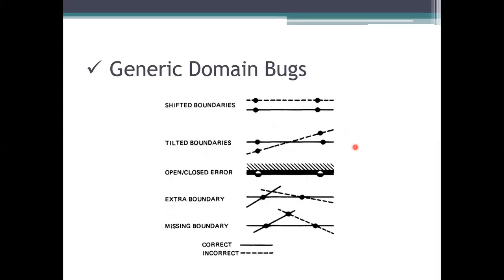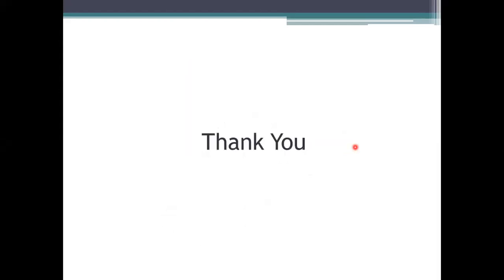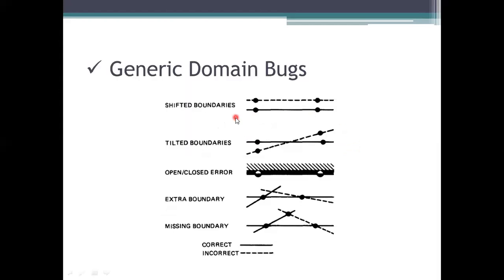Apart from this, we also have domain bugs. Here, bugs means how I am going to specify this one. Shifted boundaries means this has been the line of accessing, and we are allowing these points to be processed in a shifted one. Whenever we shift the boundary, the values you are using will be included as a contradictory one.